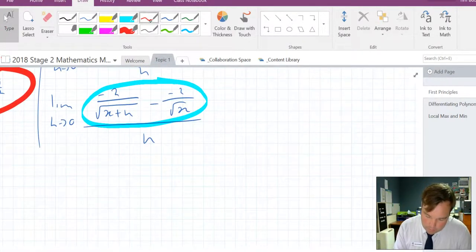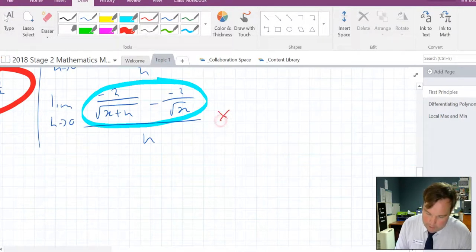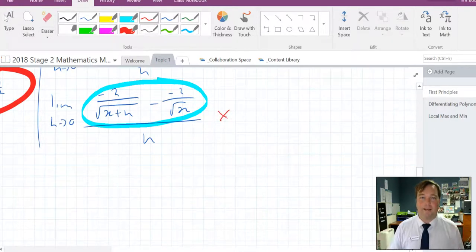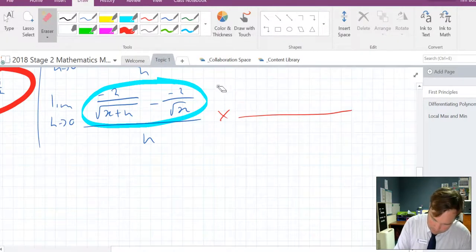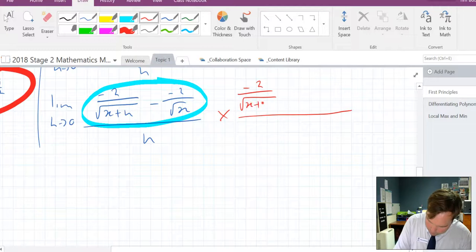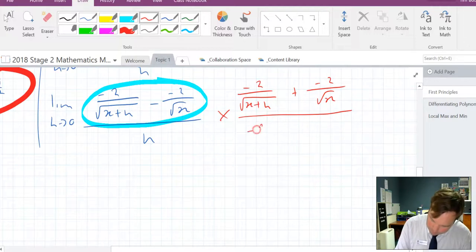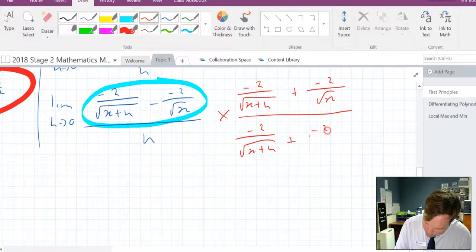Square roots here, we can multiply by 1. Now, multiplying by 1 here is a cool trick in that 1 can look like lots of different things. So for our purposes, 1 is going to look like, apologies, let me start a little further up: minus 2 over root x plus h, plus minus 2 over root x, over minus 2 on root x plus h plus minus 2 over root x.